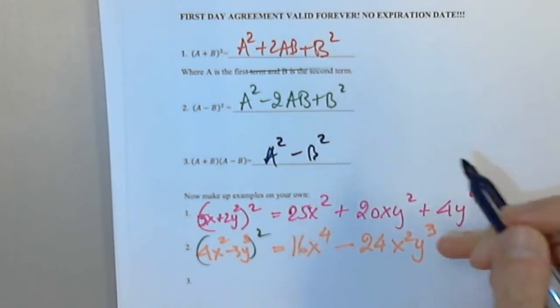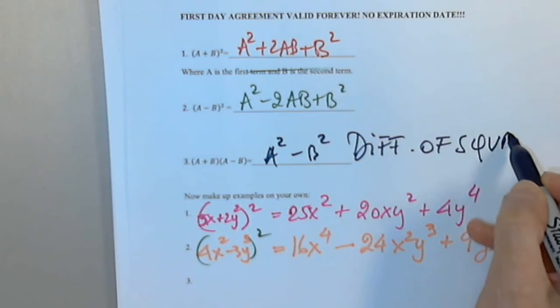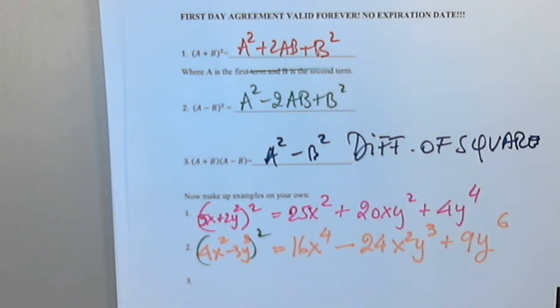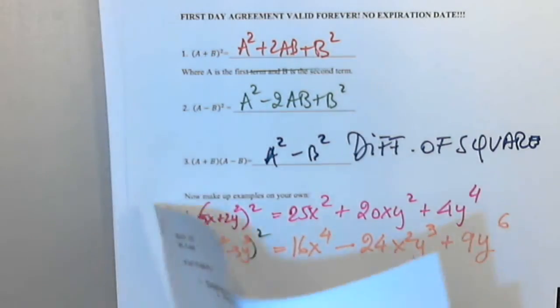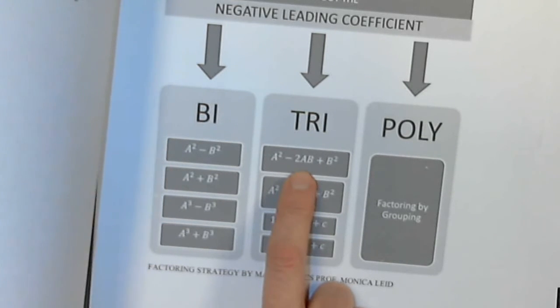Very good. Very important: difference of squares. You see it on my handout on factoring. All of these. You recognize this?